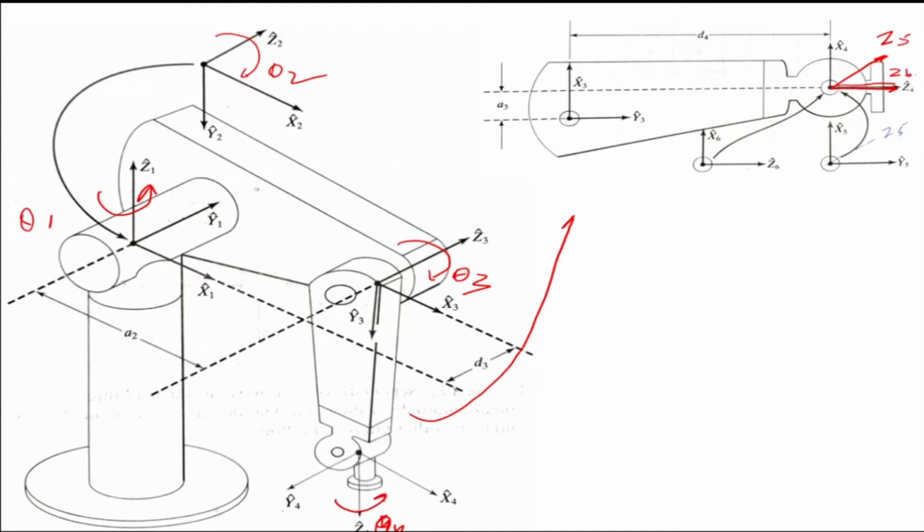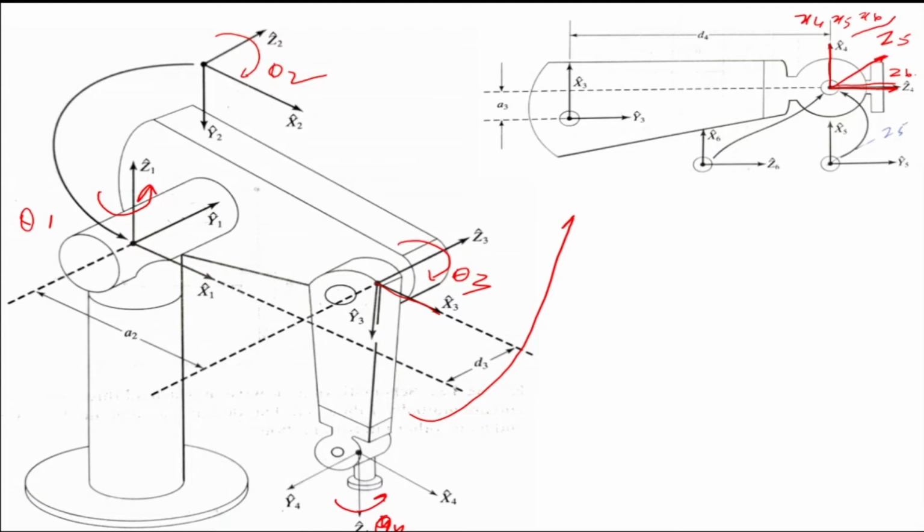When I'm putting my x-axis, z1, z2 are intersecting, so x0, x1 are perpendicular to the plane. x3 is here. x4 is upward. So x4, x5, and x6 are in the same axis.